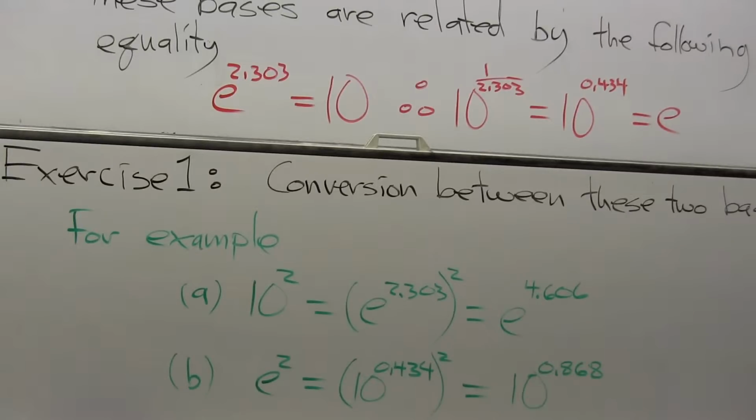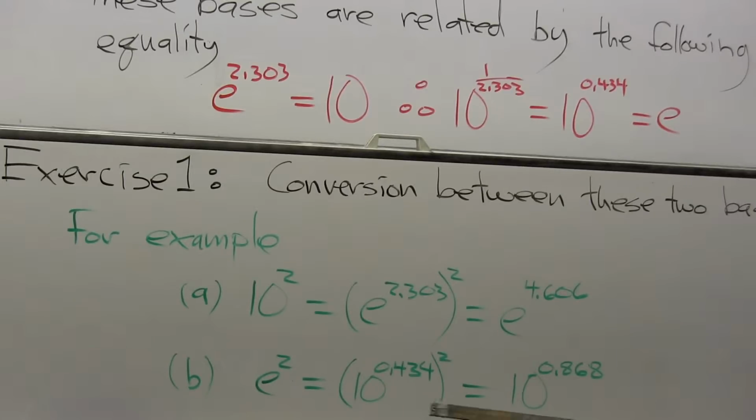So this comes down to knowing when to multiply and when to add. And so I multiply these two numbers and I get e to the 4.606 is equal to 10 squared.